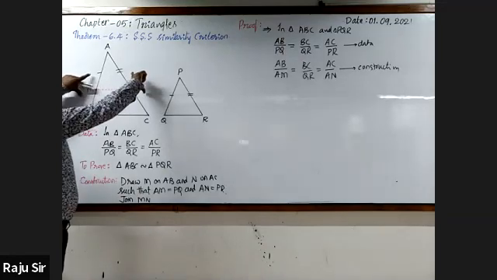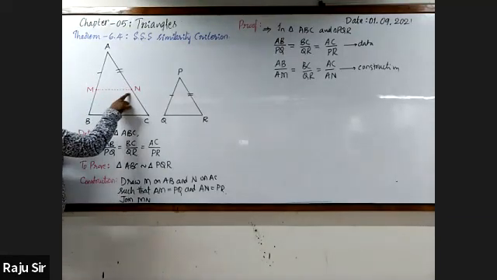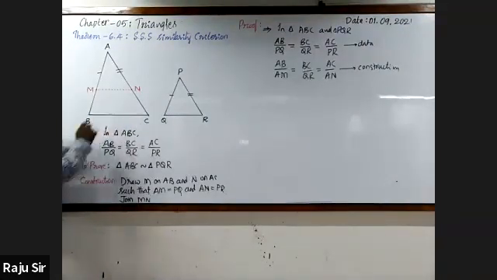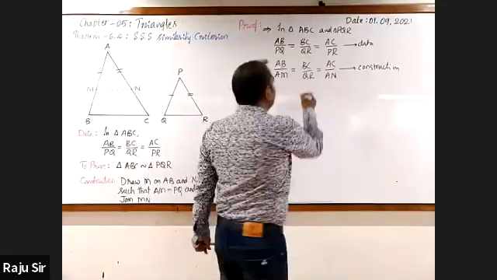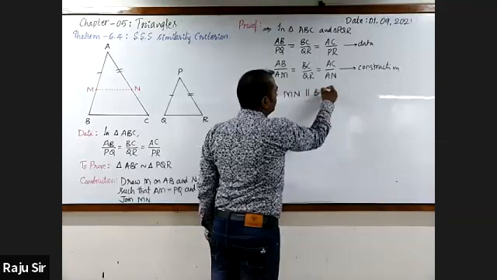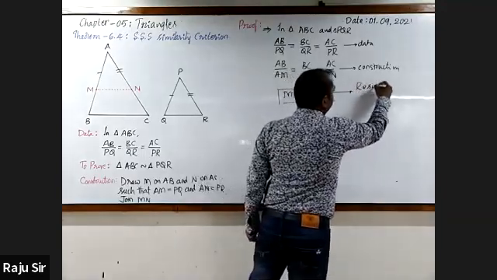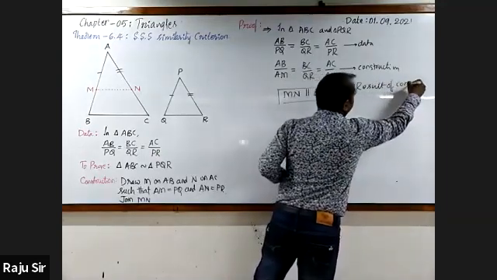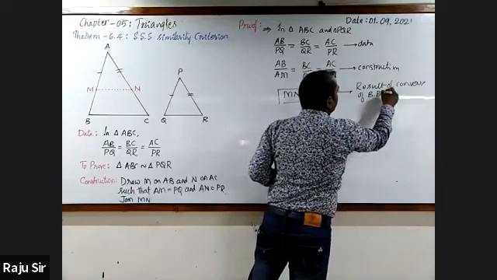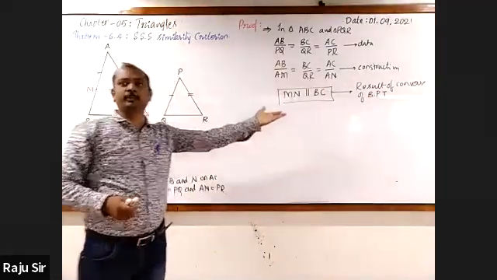As this result holds good, according to the converse of the result of BPT, we can write MN parallel to BC. This is from the converse of BPT. We also call it the converse of the corollary of BPT.